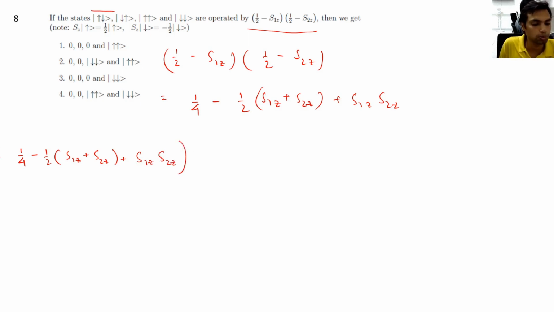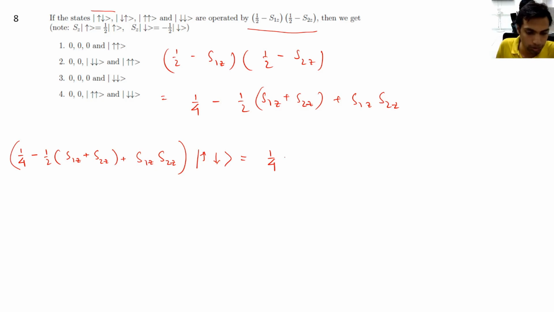This we want to operate on the state where the first particle is spin up and the second particle is spin down. For the first term, it is just 1/4 times the same state.